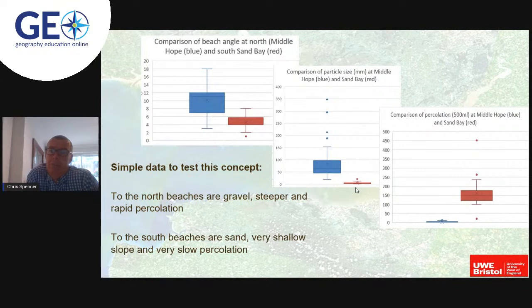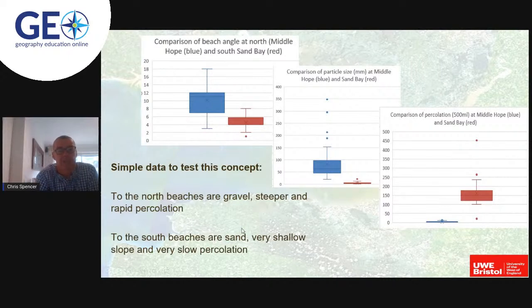And then if we look at the rate of percolation by putting in a tube and pouring in 500 mils of water and timing how long it takes, we can see that on the gravels, it's almost instantaneous. The percolation is much faster than it is on the sands. Really simple measures to test that theory, that concept of whether this relationship of angle, particle size, and percolation stacks up. And it appears that it does.